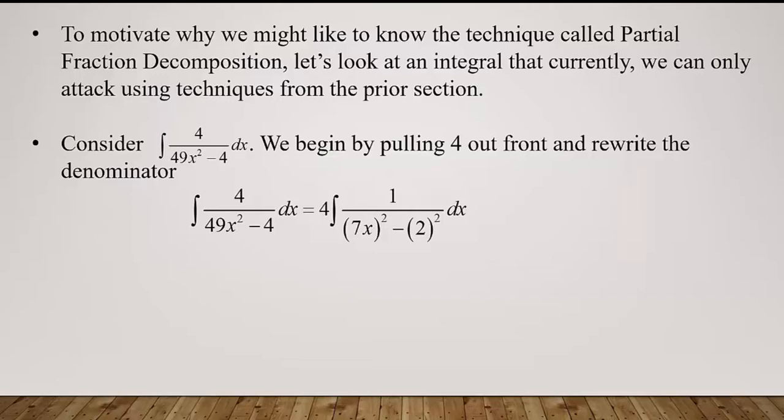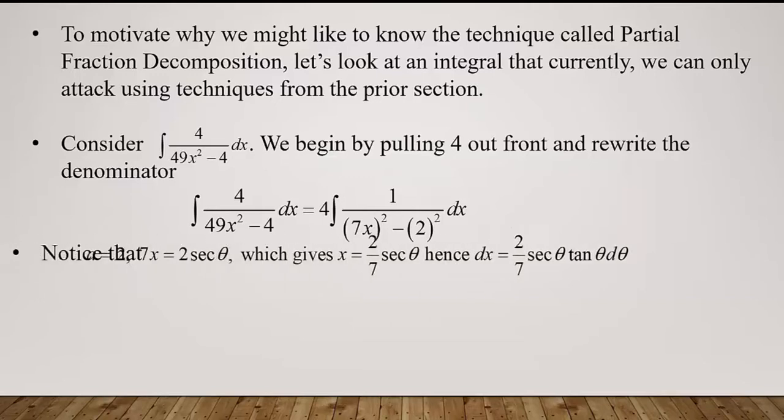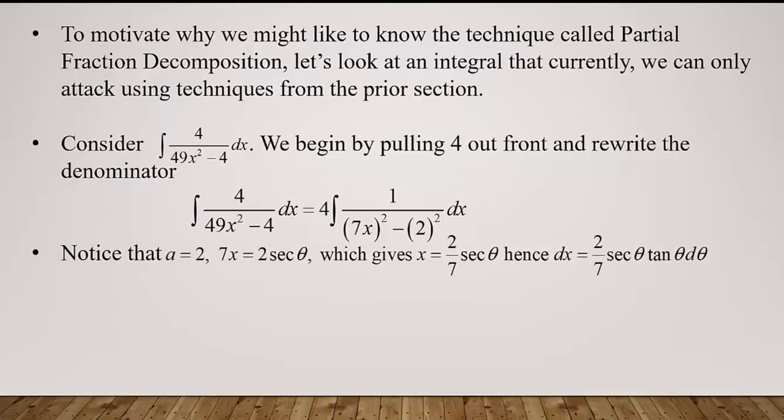By doing so, I can do a trig substitution. A is equal to 2, 7x equals 2 secant theta, which gives us x equals 2/7 secant theta. And as a result, dx would be 2/7 secant theta tangent theta d theta.